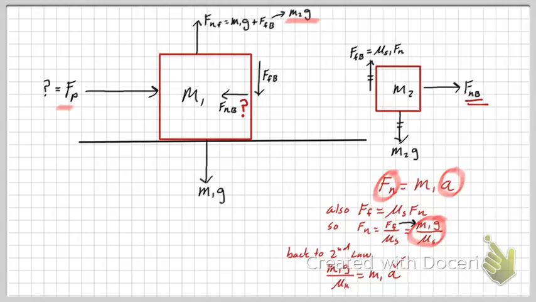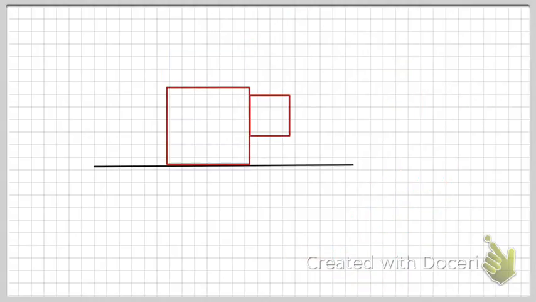Okay, now what I'm going to do is, if I wanted to, I could come back to block 1 and kind of figure things out. It's still going to be tough without that acceleration. So there's an easier way to solve the problem. Now that we know acceleration, let's go back to a free body diagram of the entire system.